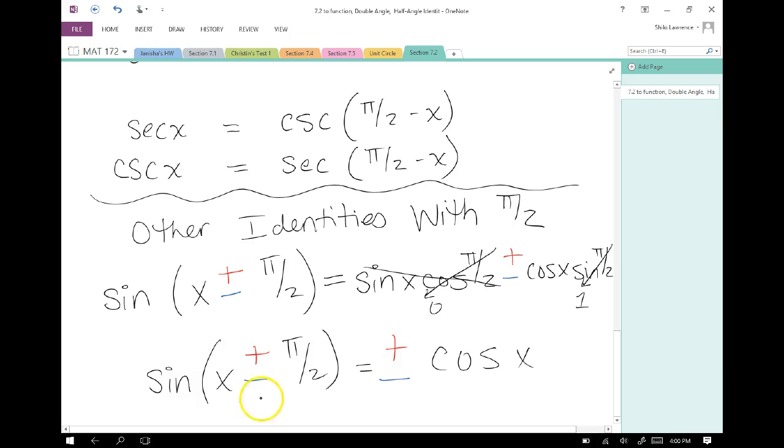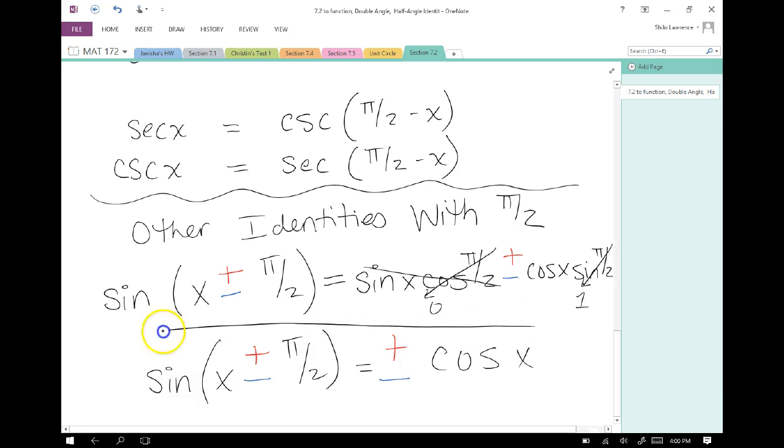So your sine stays exactly the same. It just turns into cosine. If it's plus inside, it's positive cosine. If it's negative inside or subtraction inside, it's negative cosine. And I figured that out just using my sum or difference formula back from section 1.